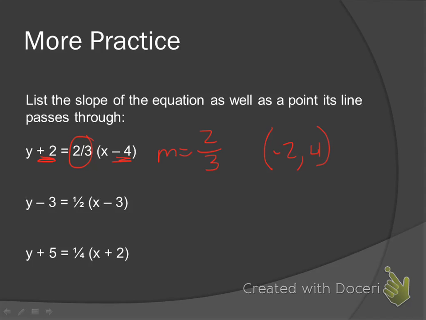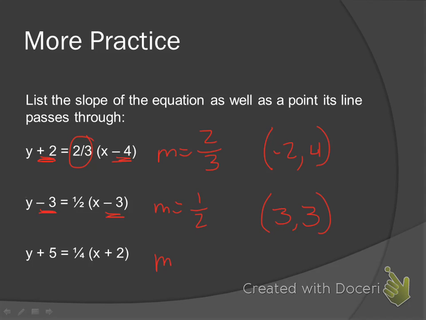The next one, m equals, you guessed it, 1/2. The point that it goes through, that says minus 3, so it's going to be positive 3. That says minus 3, it's also positive 3. So the point is 3, 3. Okay, I want you to try and pause it really quick, do this next one on your own, and then press play for my answer.